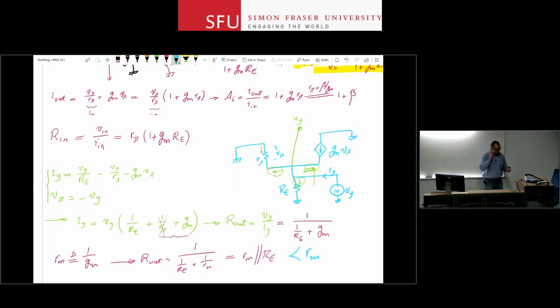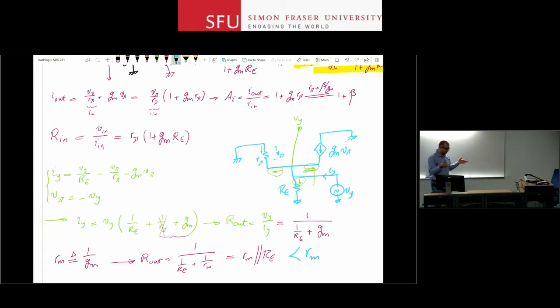Now, what does that mean? Because Gm for BJT is fairly large, 1 over Gm is going to be small, or Rm is a value on the order of tens of ohms in most cases. The output resistance here for this stage is tens of ohms. And that's great news, right? Because I wanted a voltage amplifier to have a really small output resistance.